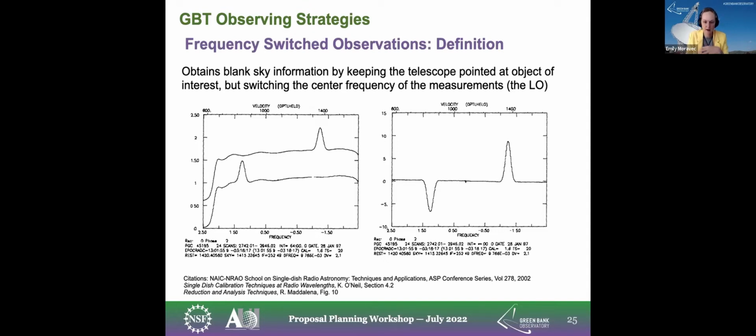And then later in data reduction, you do a rather sophisticated, effectively a subtract and divide, to combine this information to produce your spectral line. You can do in-band or out-of-band frequency switching. It's based on your science. But yeah, in post-processing, you correct for this and obtain your spectral line. For this, you do need a priori knowledge, like the redshift, so that you know how much to switch by and that it won't interfere with your observations.